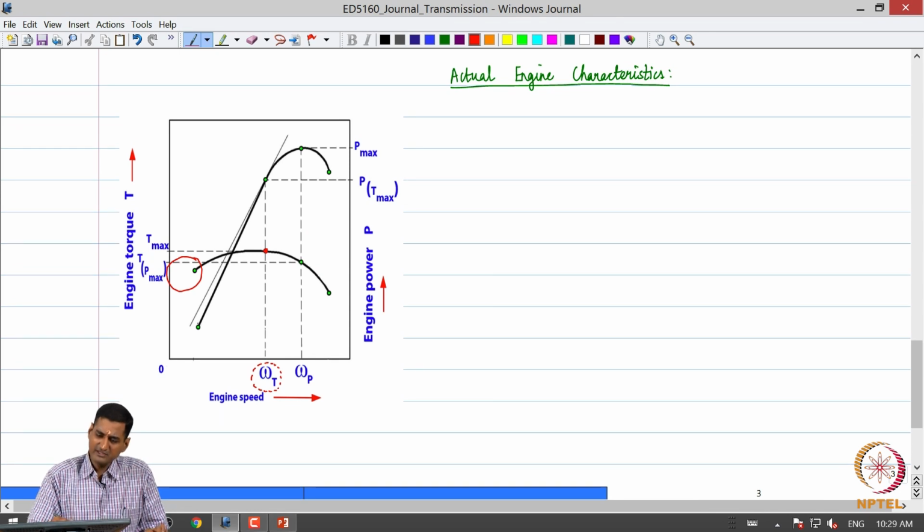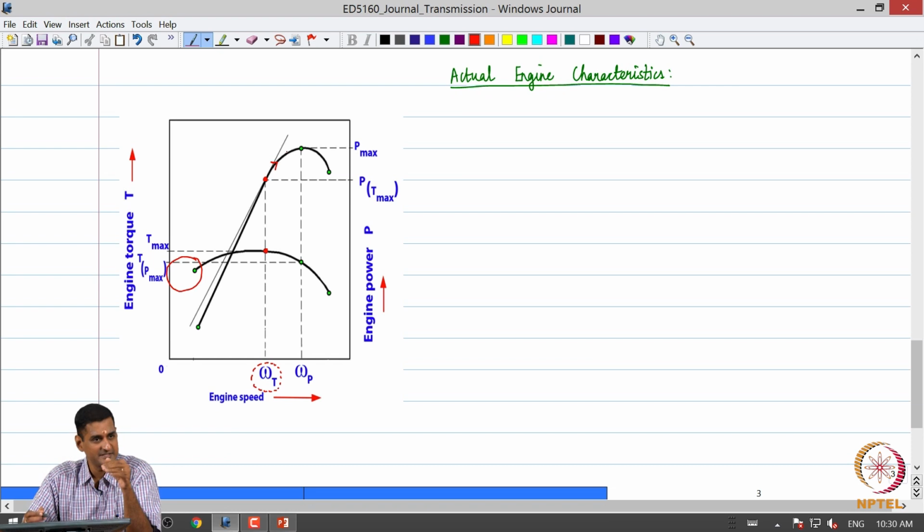Now, if we look at the power-speed curve, the power keeps on increasing with torque because power equals torque times omega, and when the torque is the highest, the power reaches some value. After that, even though the torque falls down, the power keeps on increasing but at a lower slope, because the speed is increasing but the torque is falling.